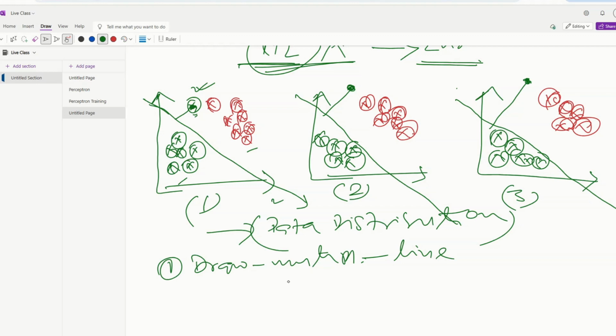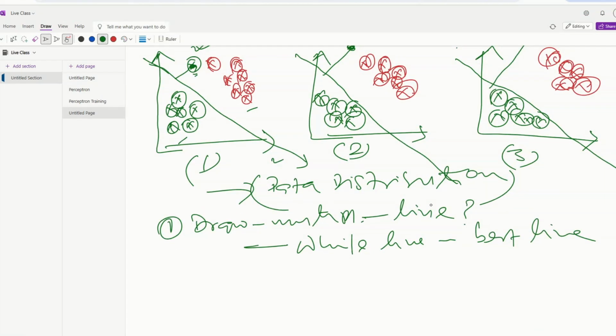But the question here is which line is the best line. This is the question. So how to measure that? Though I can draw multiple lines which can separate my groups, how to calculate?